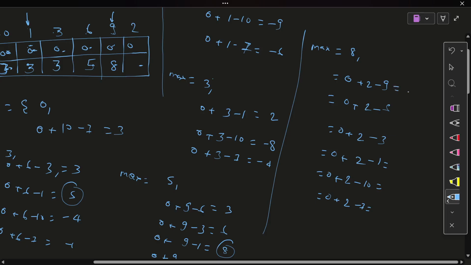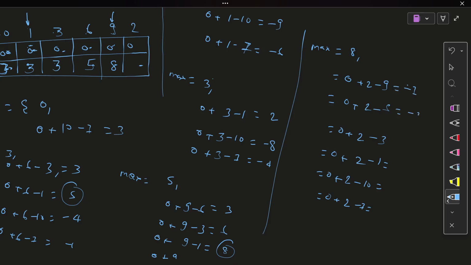What values? 2 minus 9 is minus 7, 2 minus 5 is minus 3, 2 minus 3 is minus 1, 2 minus 1 is 1, 2 minus 10 is minus 8, 2 minus 7 is minus 5, and 8. Which one is maximum? 8.